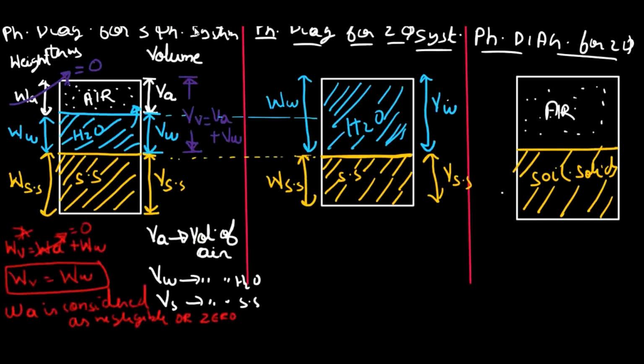In similar fashion you can write here, this one is the volume of air, this one is the weight of air, this one is the weight of solid, this one is the volume of solid.